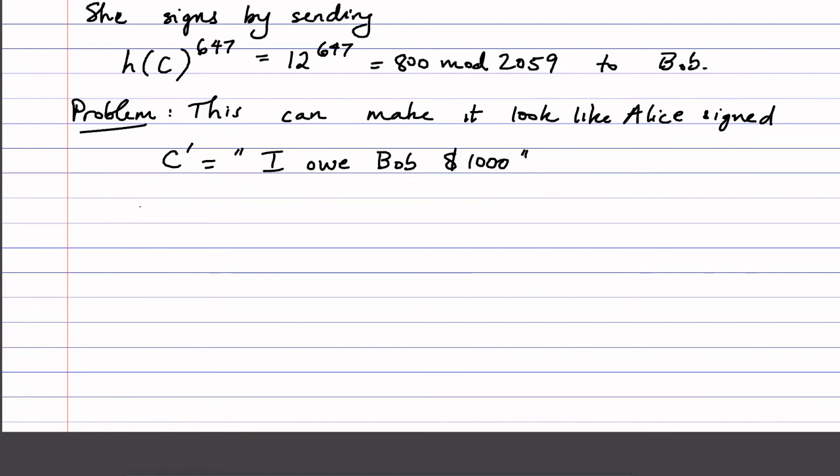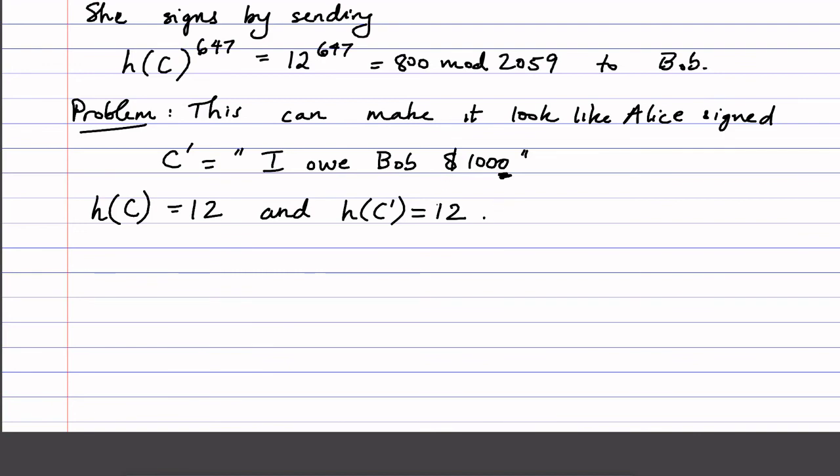And how does it look like she signed that? This is because H of C was 12, and H of C prime, where H is the function that multiplies the number of vowels and the number of consonants, is also 12, because adding this extra 0 didn't change the value. So H of C prime is the same.